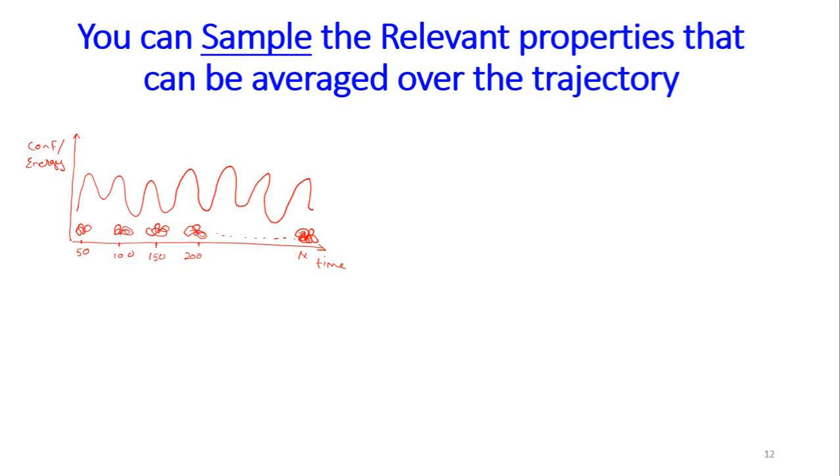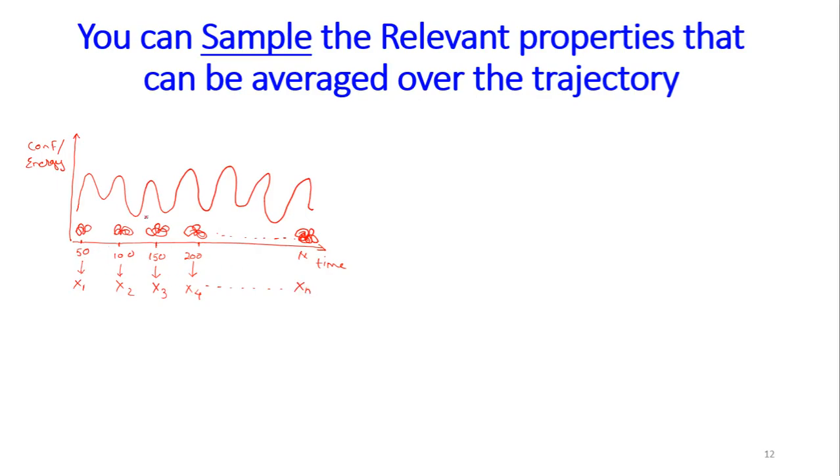At the 50th picosecond the value of free energy is, say, x1. At 100 picoseconds the value is x2, at 150 picoseconds it is x3, at 200 picoseconds it is x4, and so on till the nth picosecond, where we have the free energy value xn.